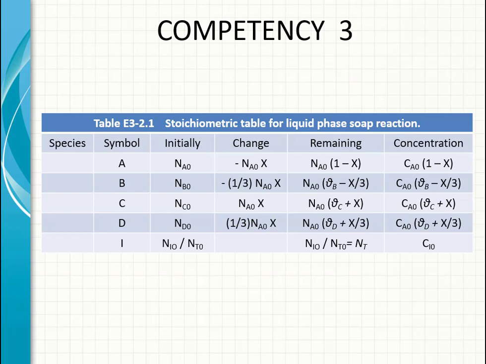In concentration, for A, we will have Ca0 times 1 minus X. For B, we will have Ca0 times theta B minus X divided by 3, and a similar expression for the rest.